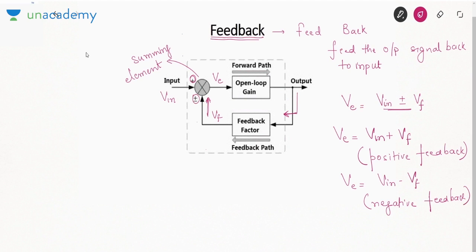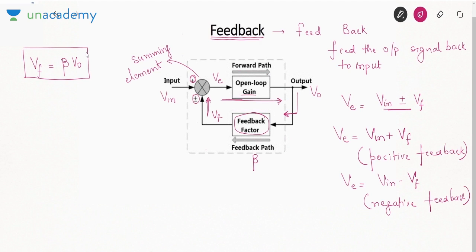As I told, not the entire output is fed back, but only some portion of it, and that portion is represented by the feedback factor. If this voltage is V0, this feedback factor is called beta. So Vf is always equal to beta V0. So feedback is not completely V0, but a factor multiplied by V0, and that factor is called beta. And the forward path means the path going from input to the output.